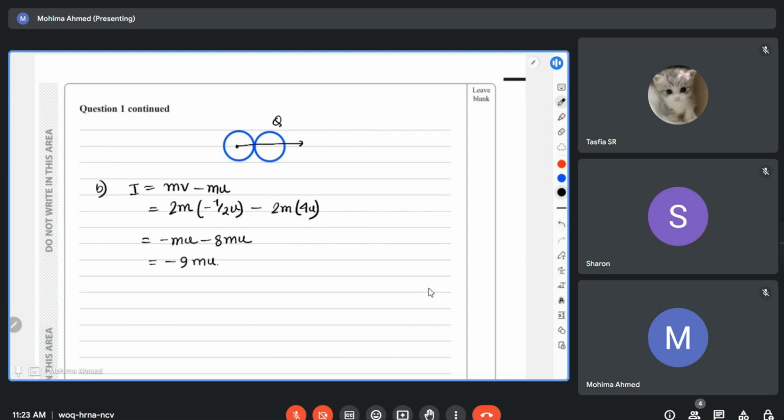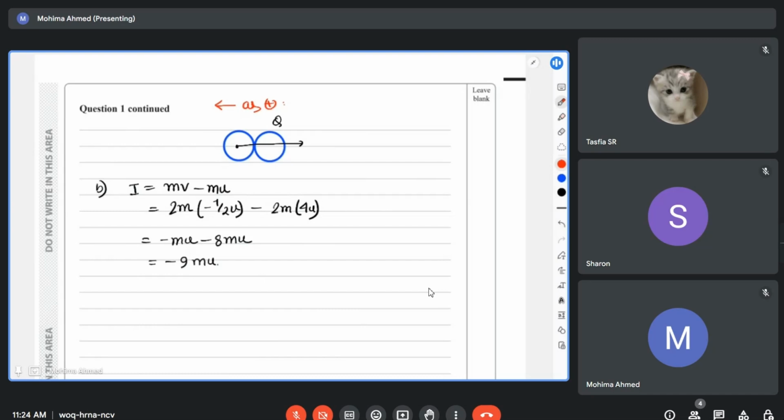Why is it negative over here? Because this impulse was created by exerting a force on Q, right? And that direction of force was towards right. According to our assumption, we took the direction towards left as positive, right? So that's why this impulse is actually coming out to be negative because our direction of force that was exerted on Q was towards right and right was negative according to our assumption. So this much impulse is exerted on Q towards right.